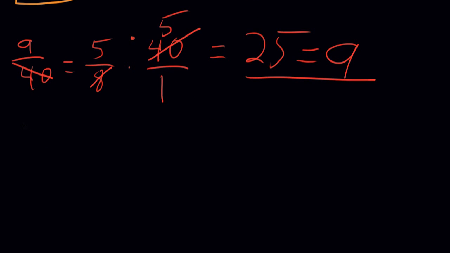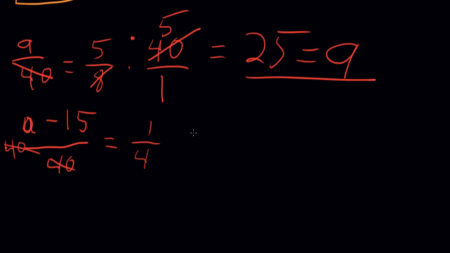But I still want to put it into the other calculation to confirm. So I say A minus 15, again over 40, equals 1/4. Well, I'm going to do my 40 multiplication to cancel, and over here the 4 simplifies, so I end up with just 10.